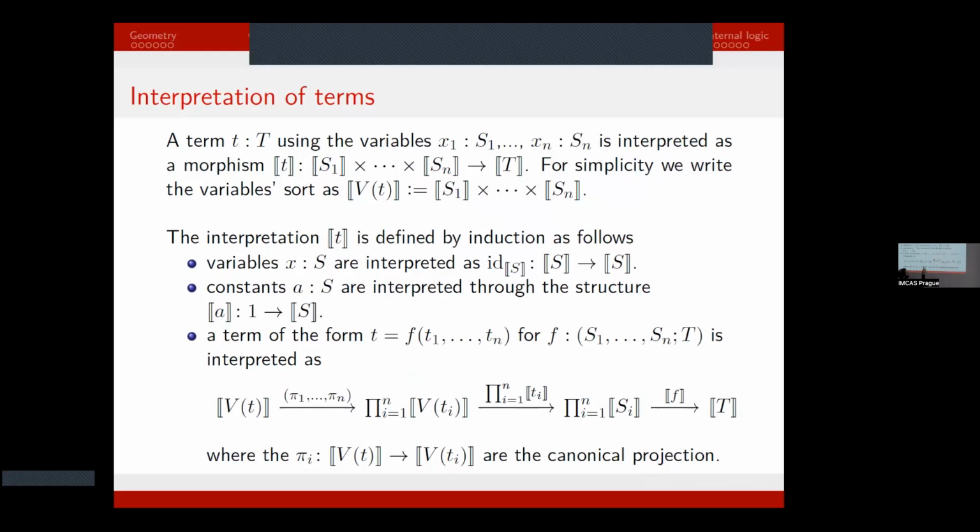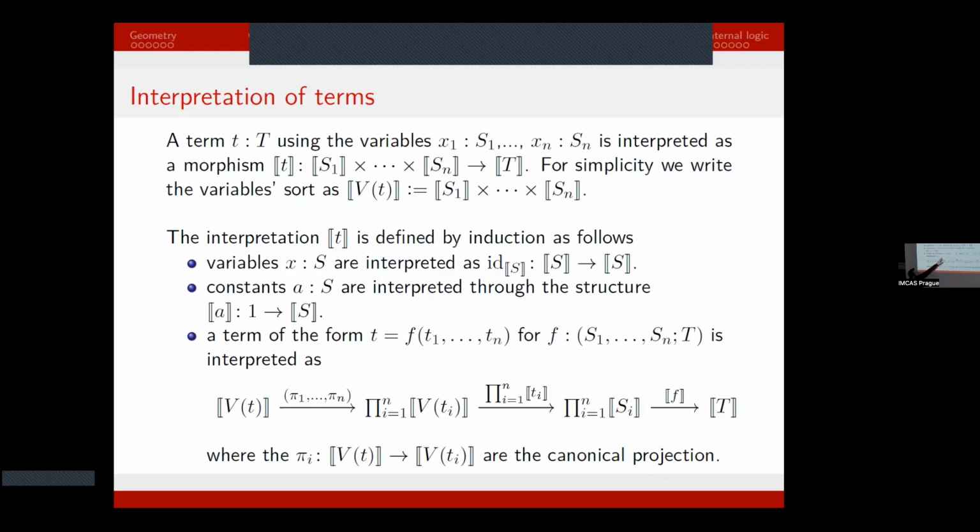We consider the product of arrows that map the variables of the terms T1 to Tn into Si. So we make the product of the interpretation of terms. We obtain a map from here to there. The only missing thing is to apply this sort of diagonal map, but not really. The reason for this is in here. So what does this mean?